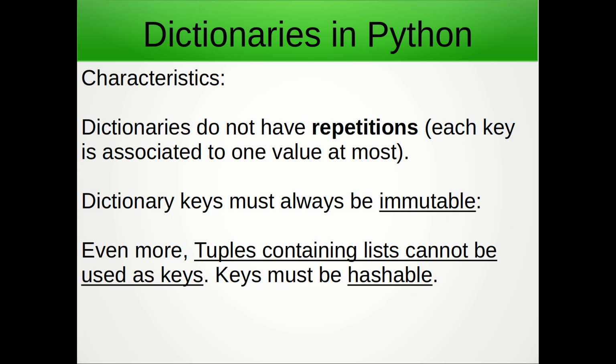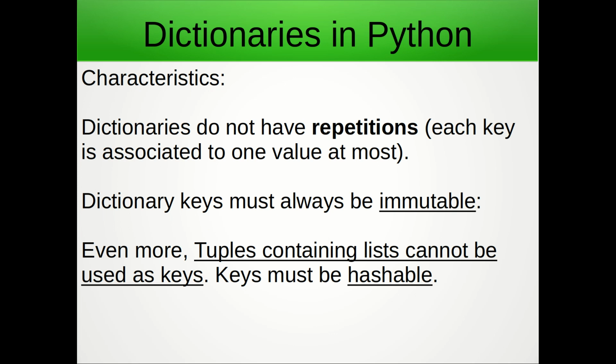Finally, for this video, dictionary keys must always be immutable. Okay? This has to do with the internal structure of dictionaries. In order to allow for fast and convenient retrieval of information, dictionaries use one very particular type of structure. In general, they are probably implemented using something called hash tables, which you might want to look up and you have a reference to in the Jupyter notebook.